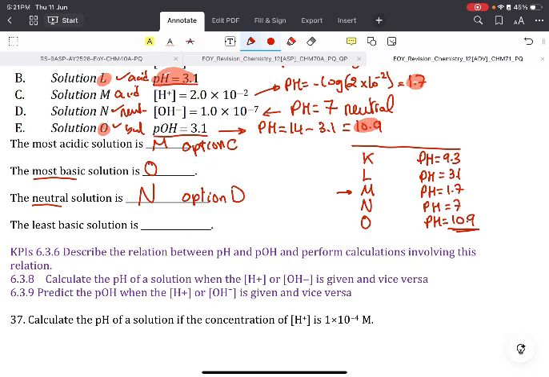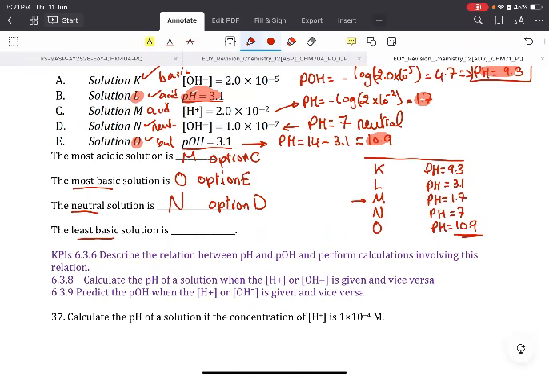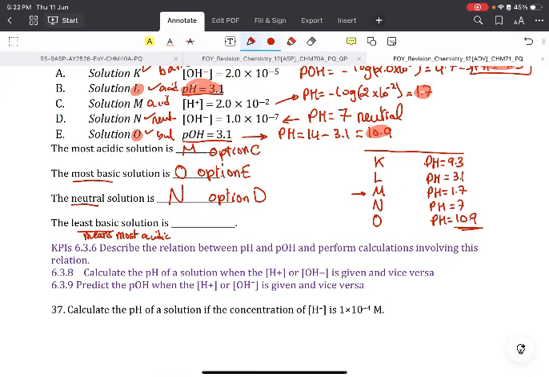So that is solution O, it means option E. Now, the least basic solution. The least basic solution means what? Least basic means most acidic. So we already answered this question to be solution M, option C.